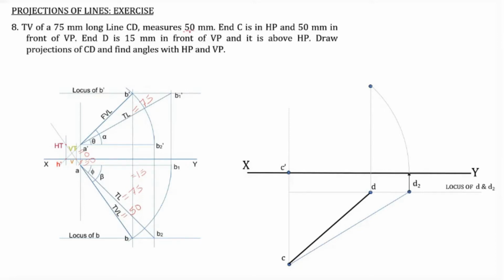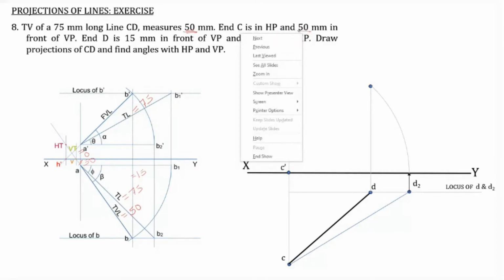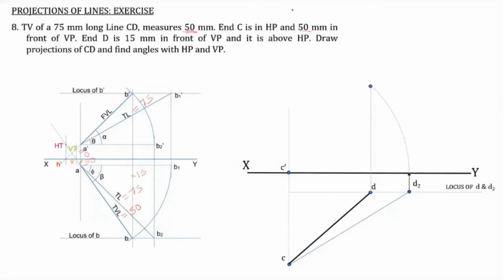The length of the top view is 50, as well as the end C is in HP and 50 millimeter in front of VP. So 50 millimeter in front of VP ആണ്. So that means this distance should be equal to 50, that is C dash to C, as well as CD should also be 50. This distance is also to be 50. രണ്ടും സെയിം വാല്യൂസ് ആണ് നമുക്ക് ക്വസ്റ്റ്യനിൽ തന്നിരിക്കുന്നത്. That is why it is 50.